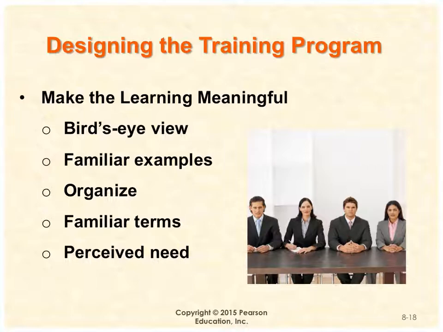One of the important things to do is to organize it in a way that makes sense for the people you're delivering it to. In classes like this, we put together chapter by chapter so that most of the topics within the chapter are the same type of topic. If you're all over the place, people are going to see that and they're going to shut off. The next one down, familiar terms, that's pretty much the same as familiar examples.